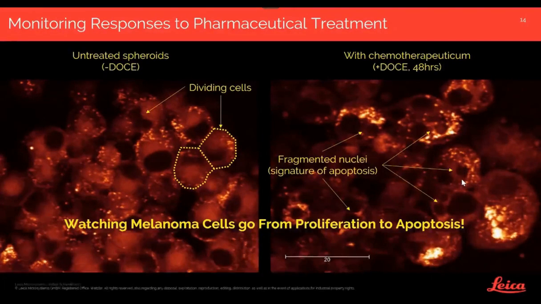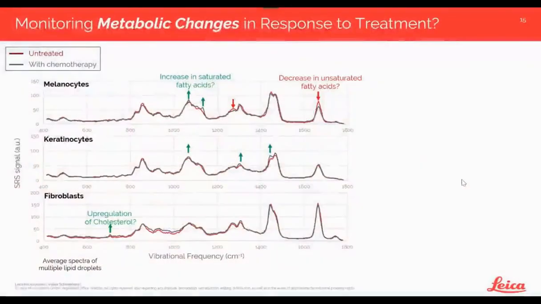But in addition, we have all that spectroscopic information. So we can now really try to understand what is going on with the metabolism of those cells as they undergo treatment. And so I'm showing here spectra of these 3 different cell types. In red, spectra without treatment, and in gray, spectra of cells that have undergone chemotherapy.